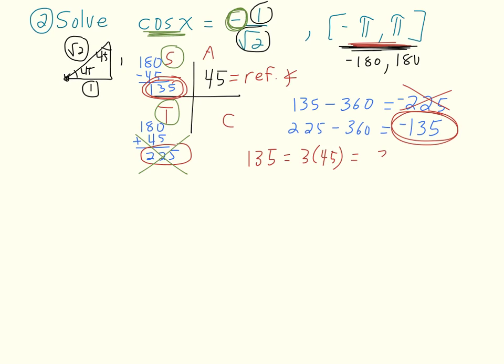So that means we have 3 pi over 4s. Remember, pi over 4, you should have memorized, is 45. So we have a negative 3 pi over 4 and a positive 3 pi over 4, since our answers were plus or minus 135. So this would be our final answer to the question.